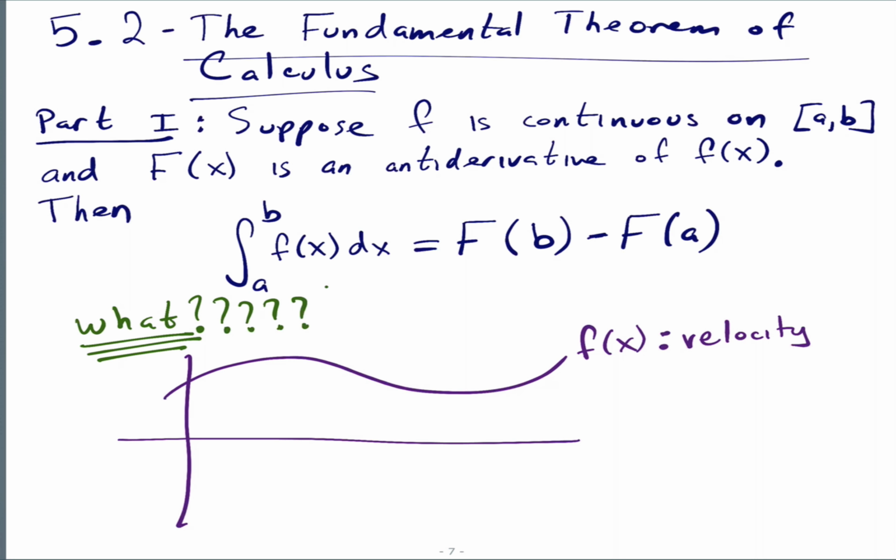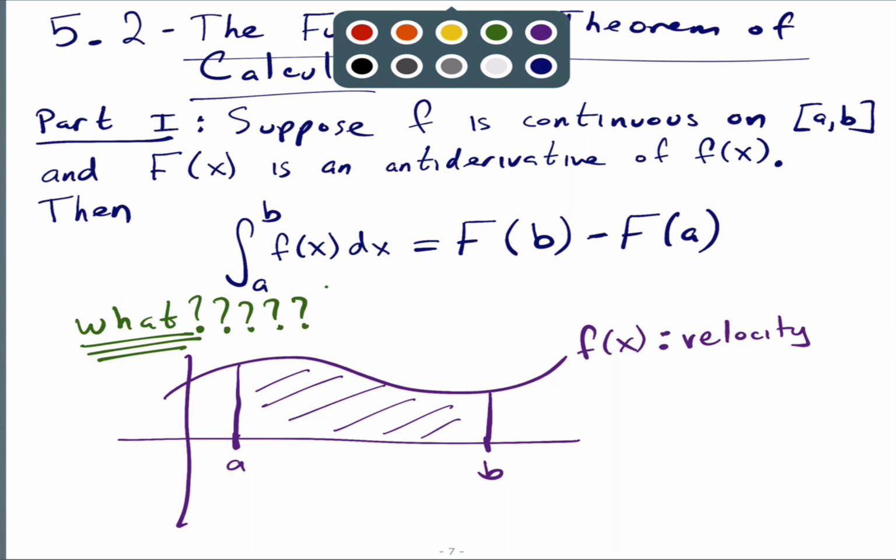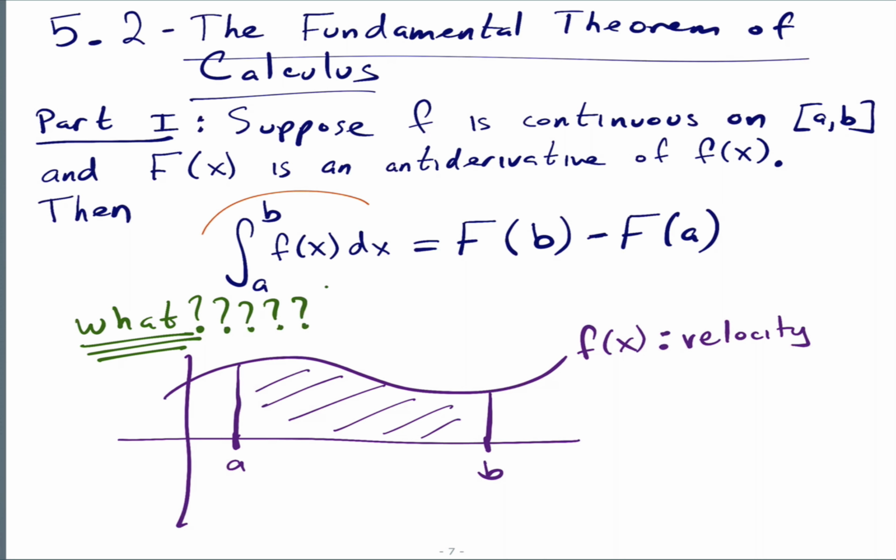You have here a, you have here b, and this area underneath the curve is what we're trying to find. This area under the curve is all that stuff right there. So the integral from a to b of f of x dx is the area under the curve. So far, so good?